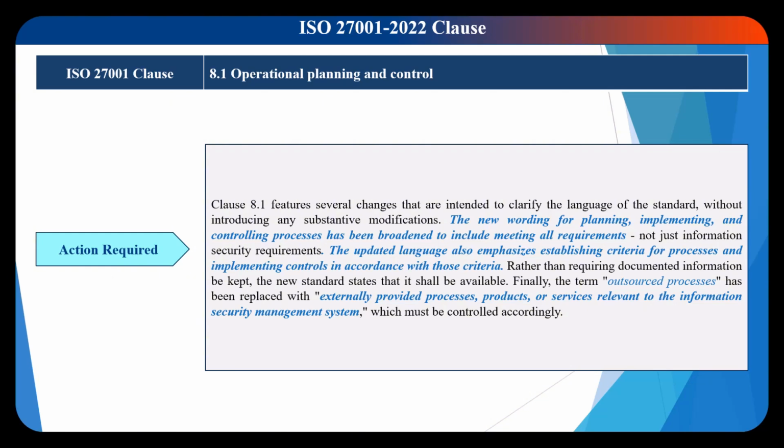So rather than requiring that documented information be kept, the new standard states that it shall be available. And finally, the term outsourced processes has been replaced with externally provided processes, products, or services relevant to the information security management system, which must be controlled accordingly.